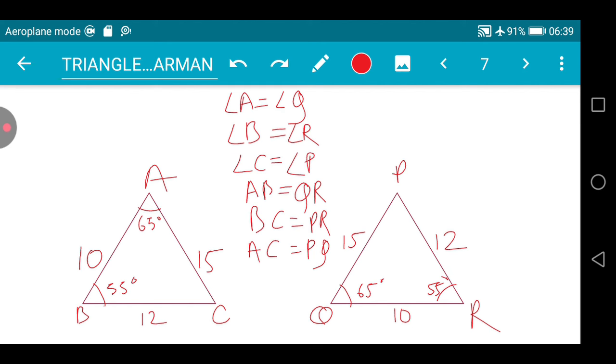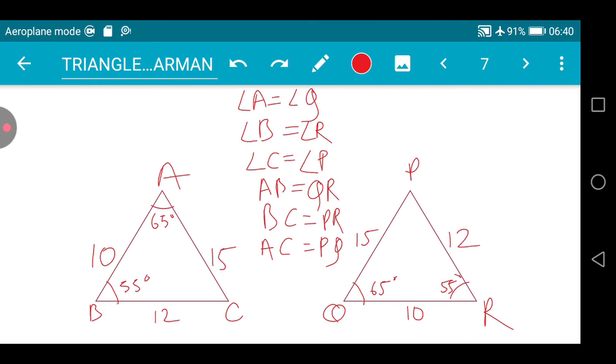So can I write triangle ABC equal to triangle PQR? No. Triangle ABC is congruent to triangle PQR only if angle A equals angle P, AB equals PQ, BC equals PR, and angle Q equals angle B, angle R equals angle C. Only then triangle ABC will be congruent to triangle PQR.